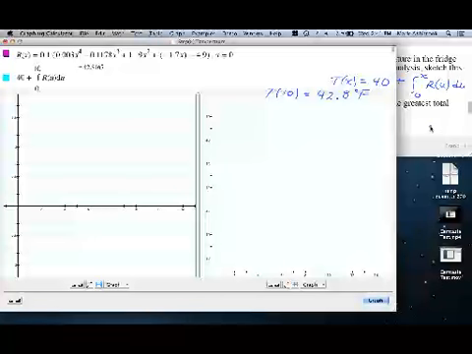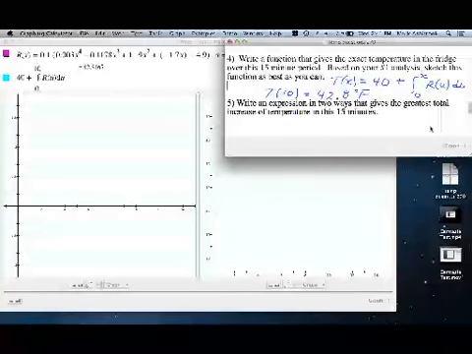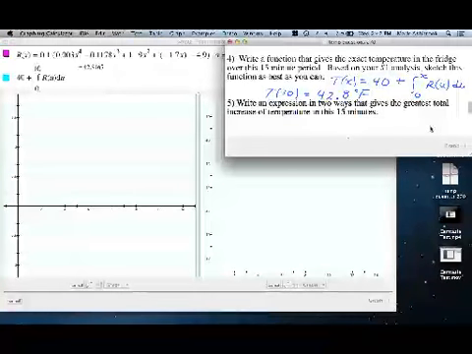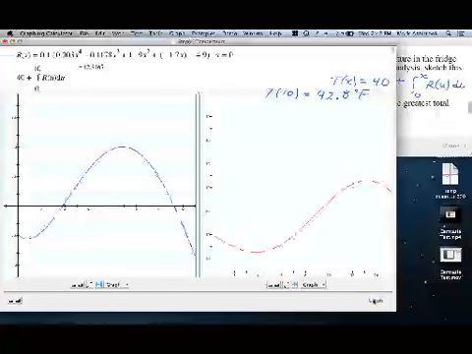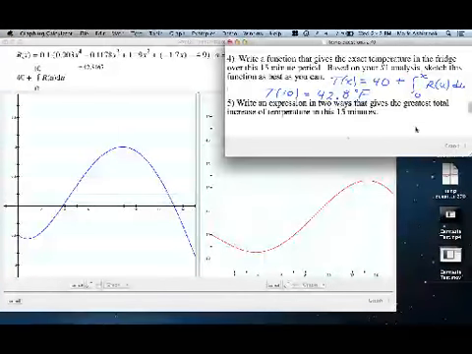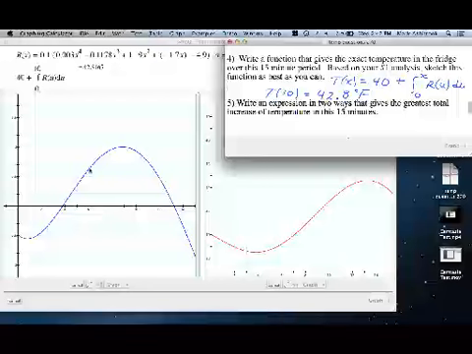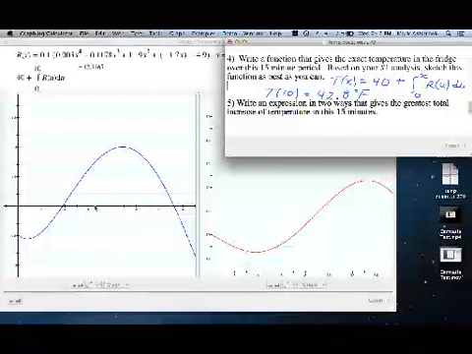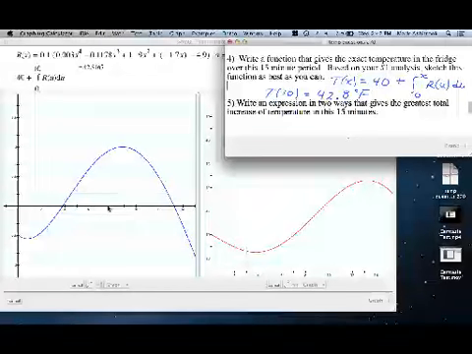Similarly, we were asked to write an expression that gives the greatest total increase in temperature. The greatest total increase in temperature will be from when it starts increasing to when it stops increasing. Through this whole portion of the graph, the rate is positive, so the temperature is increasing through this whole thing.